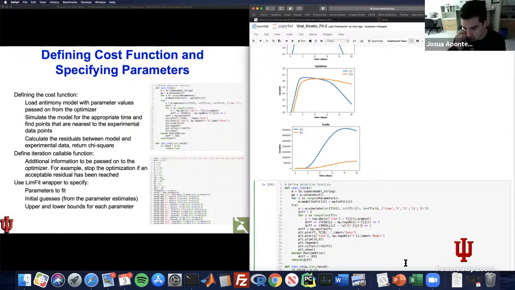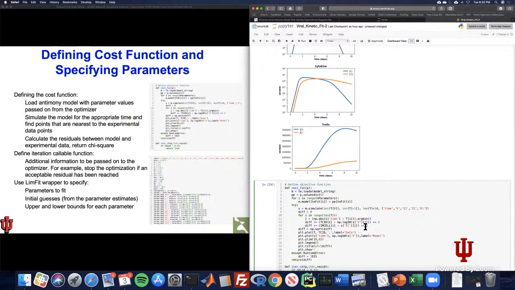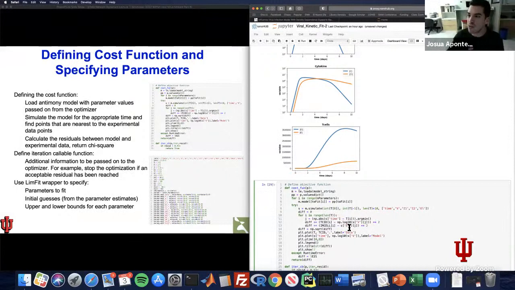It can be just normal, absolute values. So line 13 is saying I have an additional data set, and that data set is the number of immune cells in my lymph node. Then I can compare it to my model, and I would add that to the chi-square.